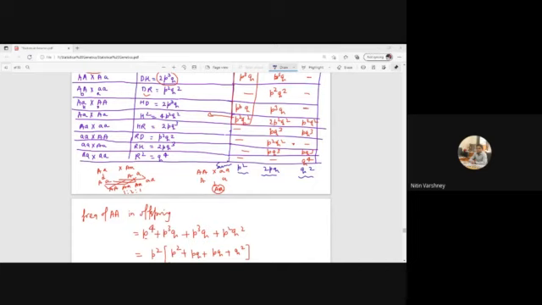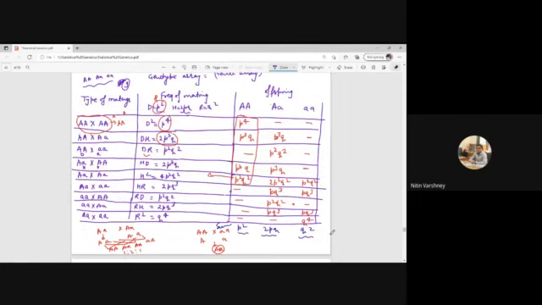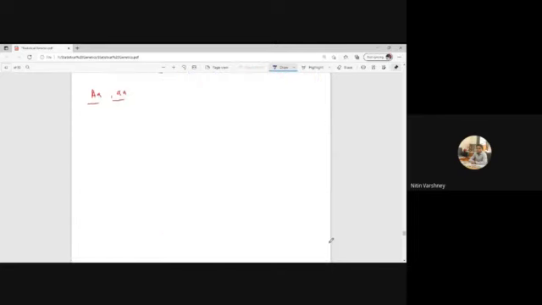Okay, so this is with 9 different kinds of matings. These are 9 matings, but I can reduce them into 6 matings also. How can we reduce it?